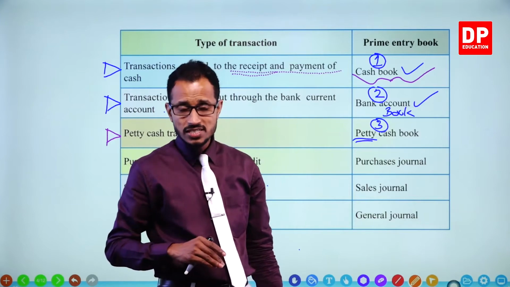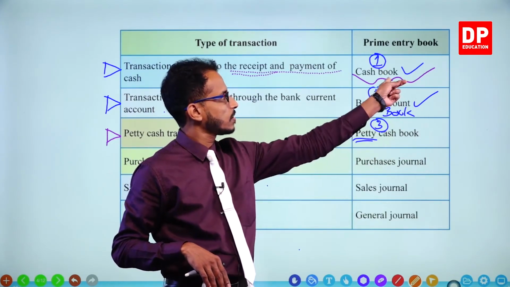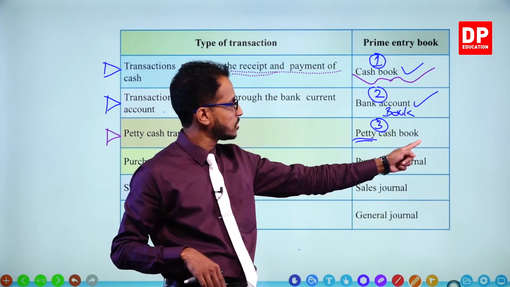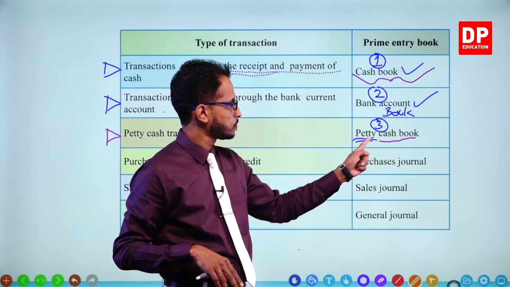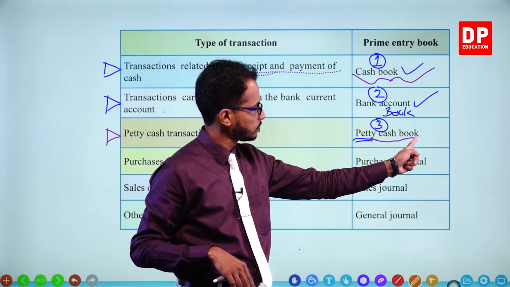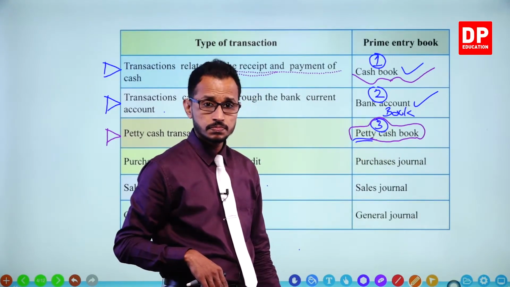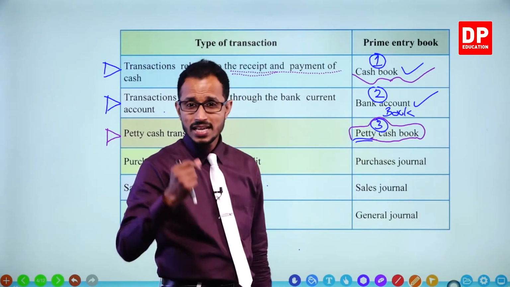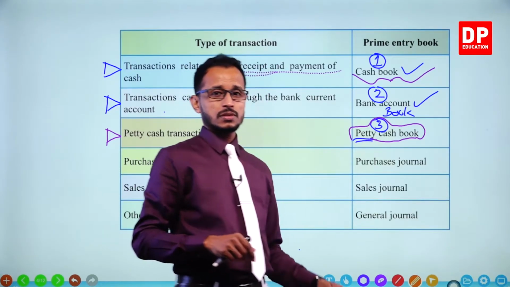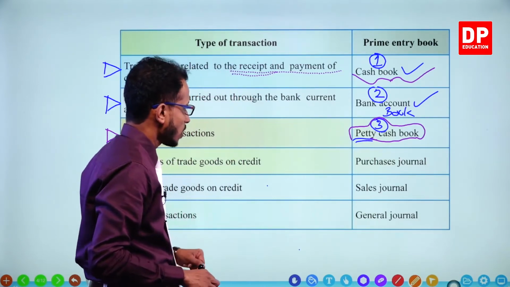Yes, they are cash transactions, but not entered in the cash book. They are entered in the petty cash book. Small daily payments in a business are entered in the petty cash book.